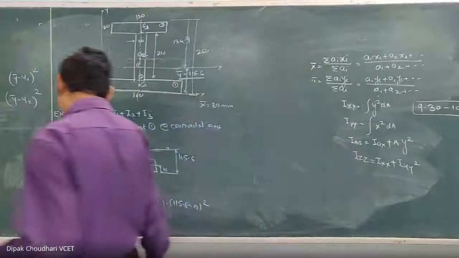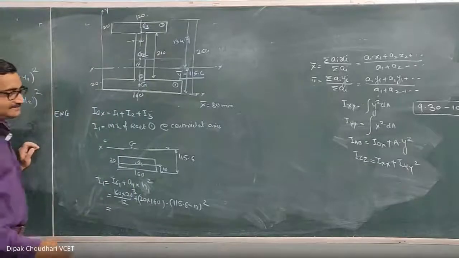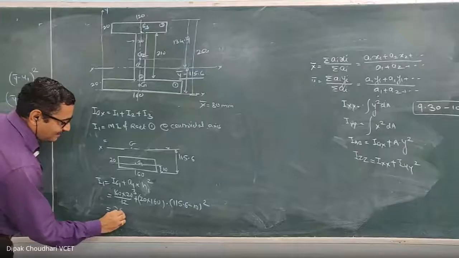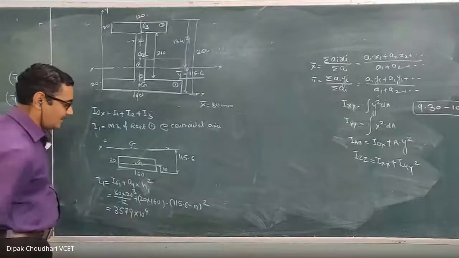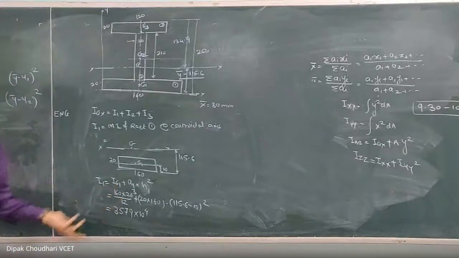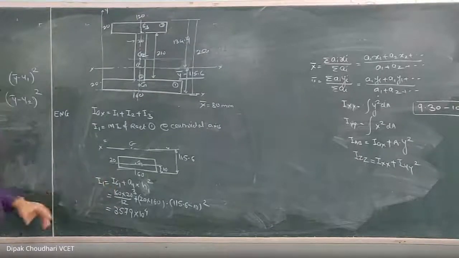Okay, now tell me, how much is that answer, Rahul? Rehan? 3579 into 10 raised to 4. How can you get 10 raised to 4? Actually, after pressing the ENG button you should get it in terms of 3, 6, like that.